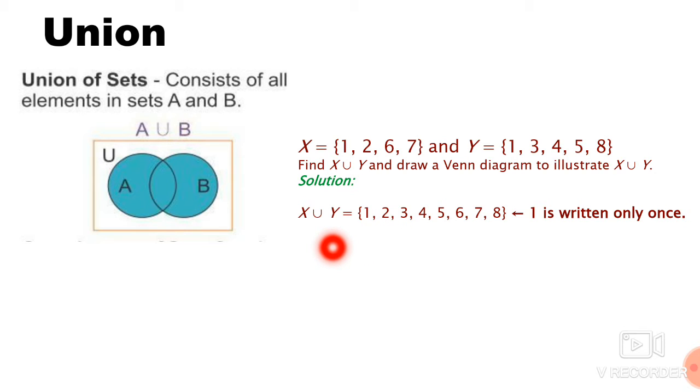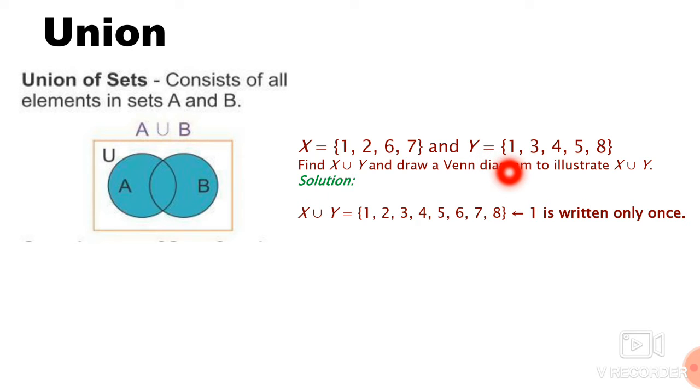According to the definition of union, the union of two sets contains all the elements that belong to the sets. We have 1, 2, 6, 7 in set X and 1, 3, 4, 5, 8 in set Y. So the union of X and Y will have 1, 2, 3, 4, 5, 6, 7, 8. All the elements that belong to set X and set Y will be included in the set X union Y. Just keep in mind one thing, that we have 1 in both the sets.